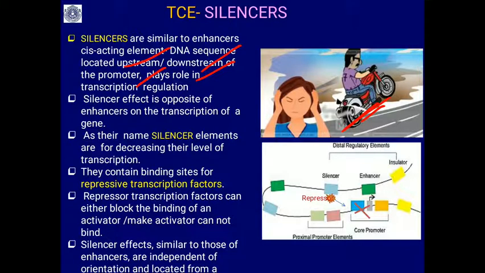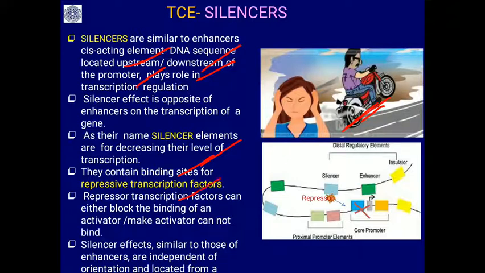The silencer has the opposite effect of how the enhancer activates transcription. The silencer suppresses transcription, or slows the transcription rate. So silencer elements decrease the level of transcription.